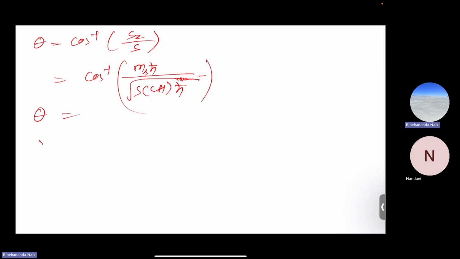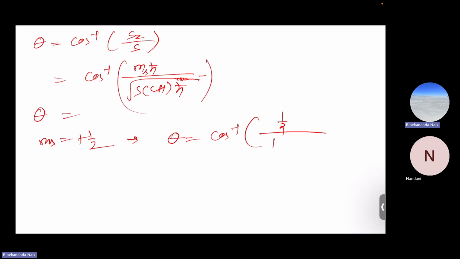So for Ms equal to plus half, theta will be cos inverse of half divided by root over half into half plus 1, with plus minus, so it will be cos inverse plus minus 1 by root 3.